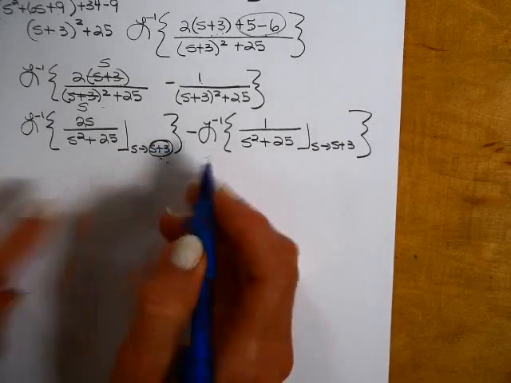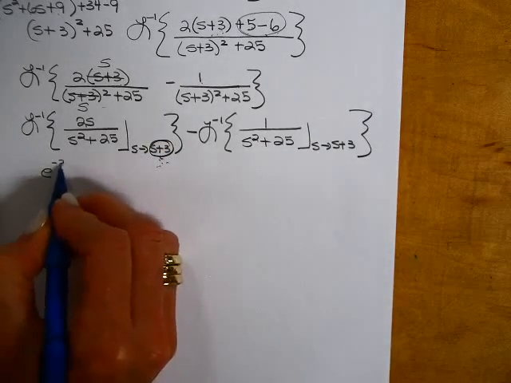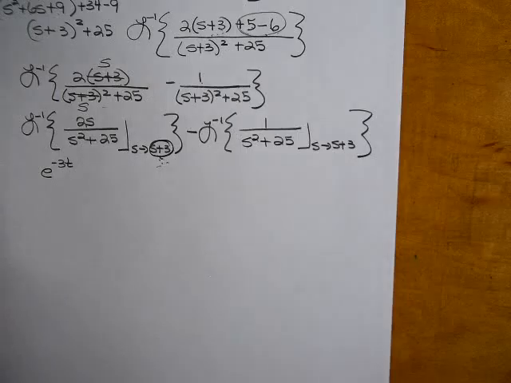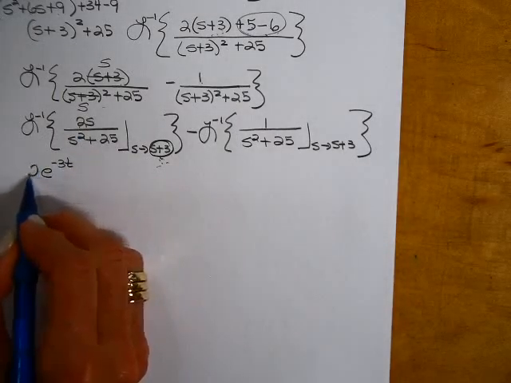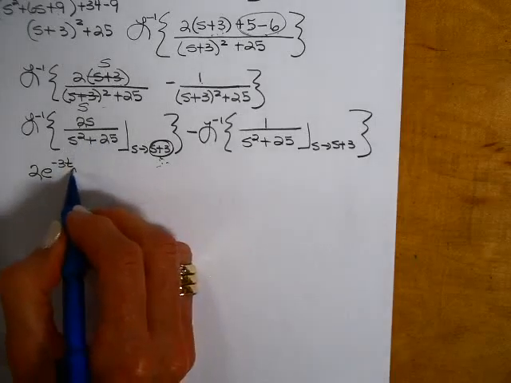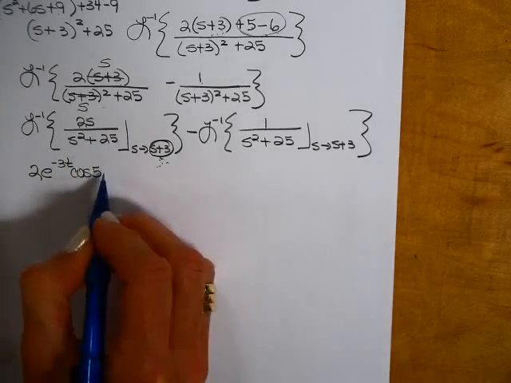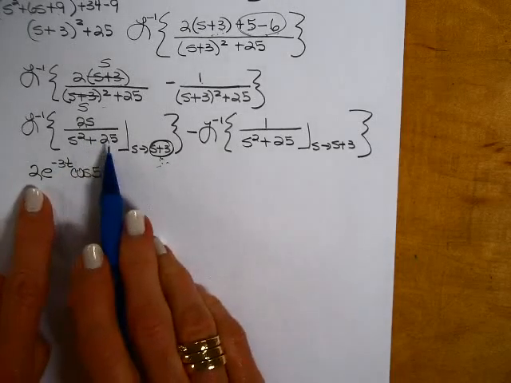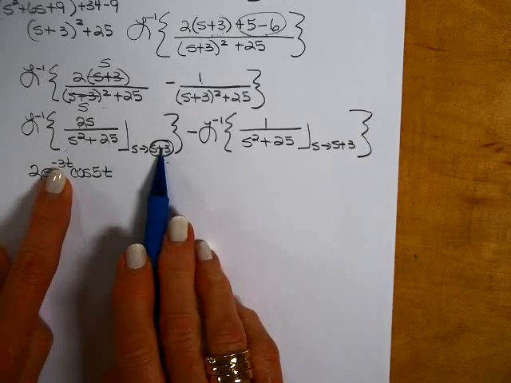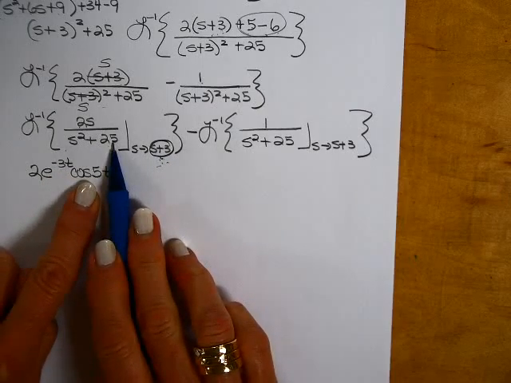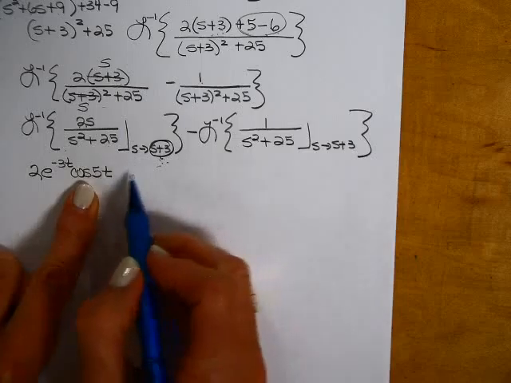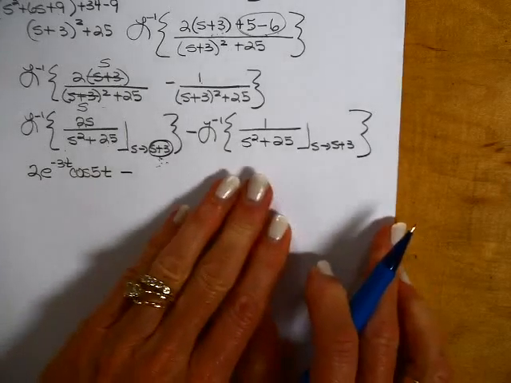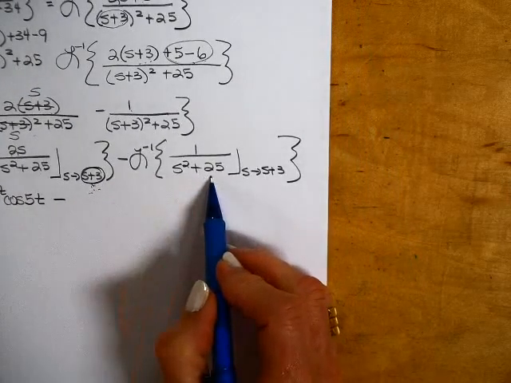Now this right here represents my e to the negative 3t. All right, the 2 has got to come in front, and this is cosine of 5t. So this one should be 2 e to the negative 3t cosine 5t minus, all right, this one.